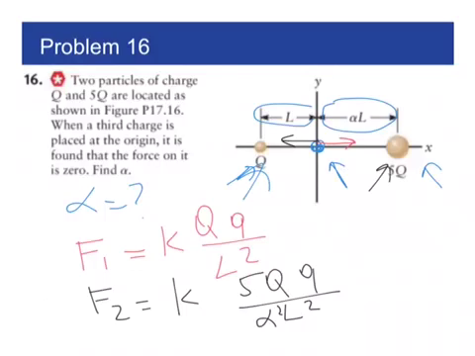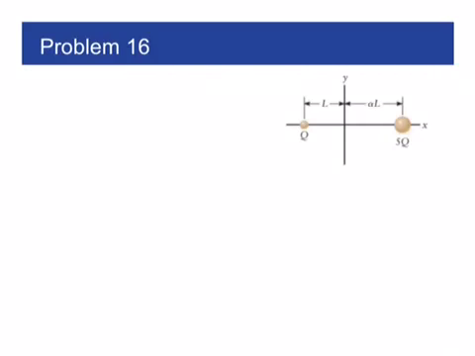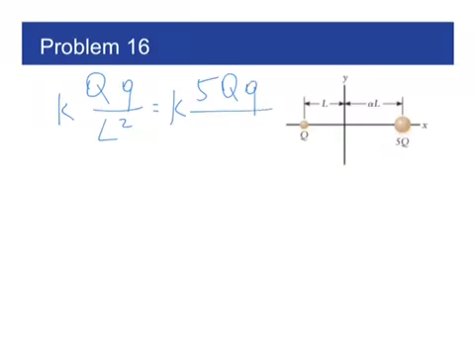That means F1 equals F2 in magnitude, and we can solve it this way. Let's go to the next page so I have more place to write. We have k Q little q over L squared equals k 5 capital Q little q for the test charge in the center over alpha squared L squared. This is just this distance squared. What cancels out?